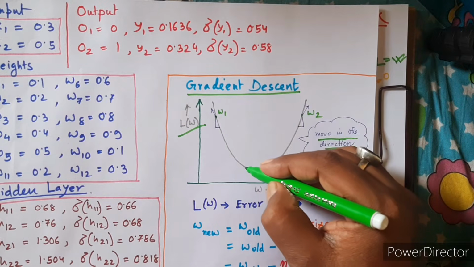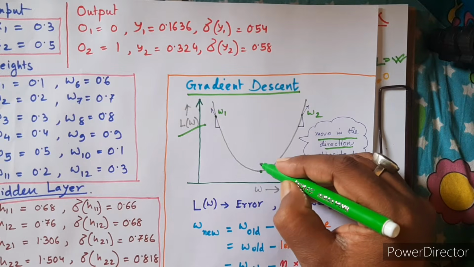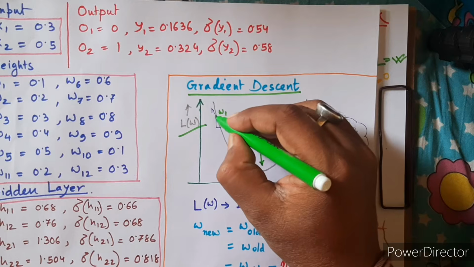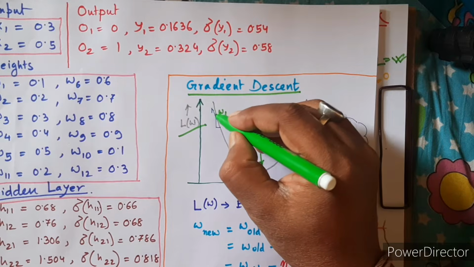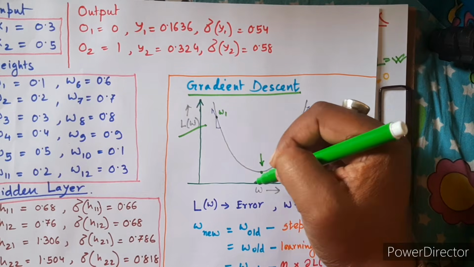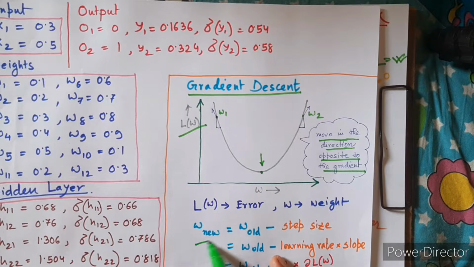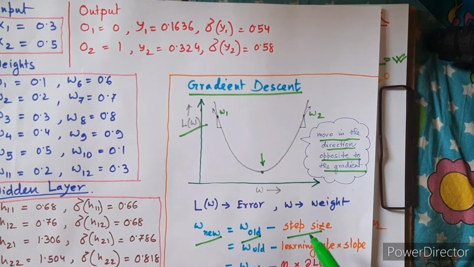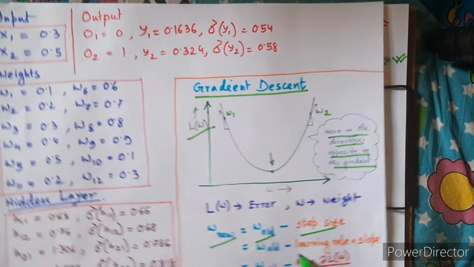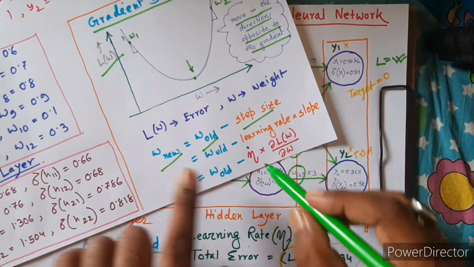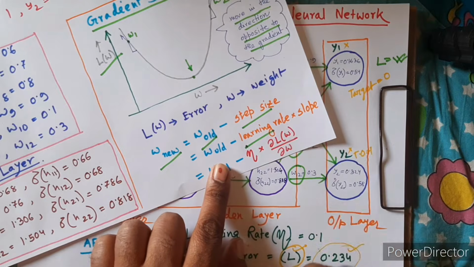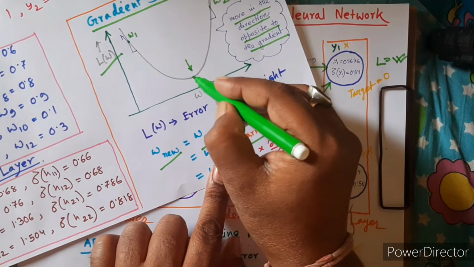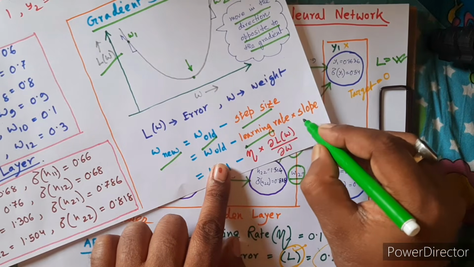You need to increase the W value to reach this point, right? So the slope is here in the opposite direction, so you need to move back. So that's why W new is equal to W old minus the step size, and step size is calculated by the learning rate. Learning rate is actually how fast or how slow you want to come from this point to this point, okay? And then slope.